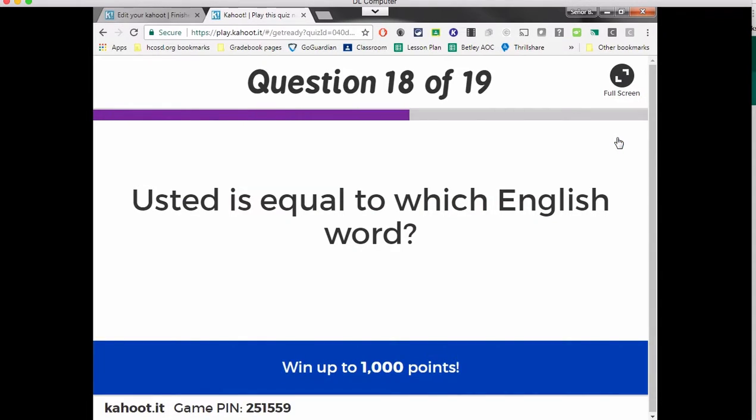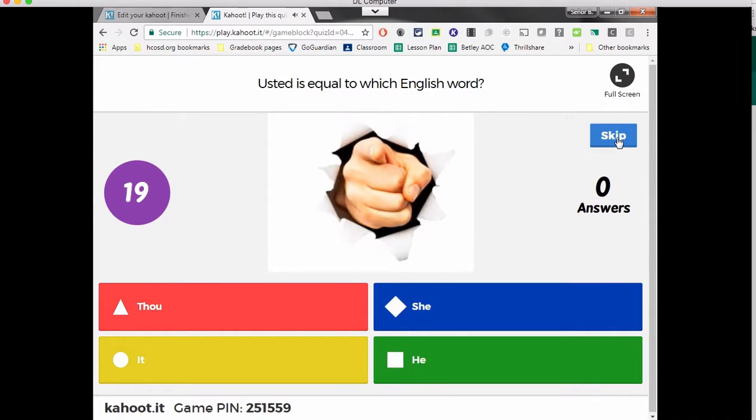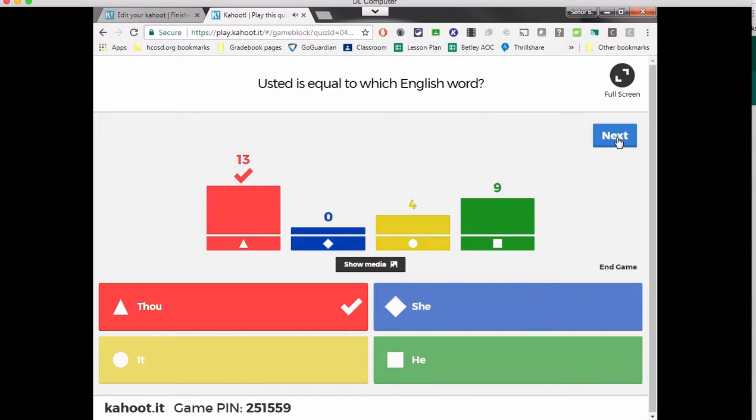Usted is equal to which English word? Thou. Okay? Usted is equal to thou.